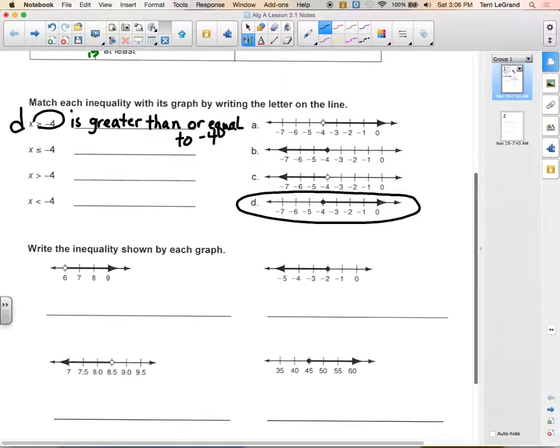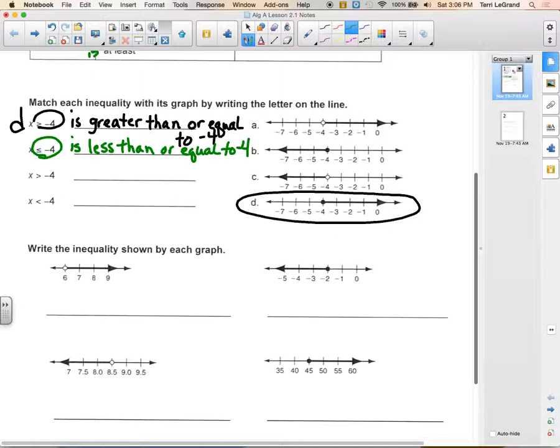In the next one, again, we're going to write this down. What's this tell us? This tells us that x is less than or equal to -4. So again, it can meet one condition or the other.